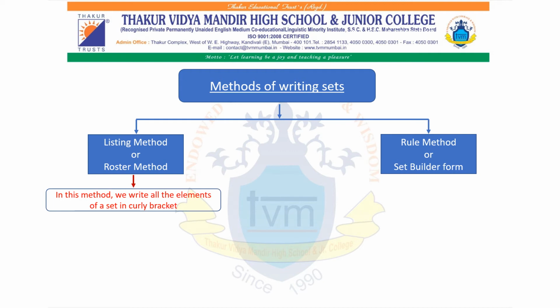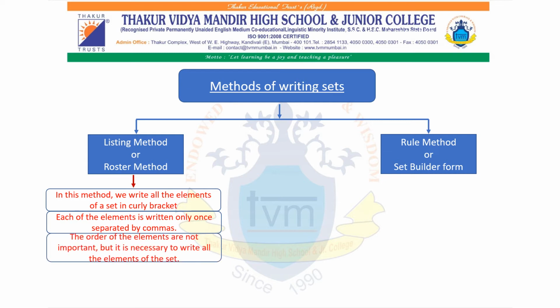In this method, we write all the elements of a set in curly brackets. Each of the elements is written only once, separated by commas. The order of the elements is not important, but it is necessary to write all the elements of the set.